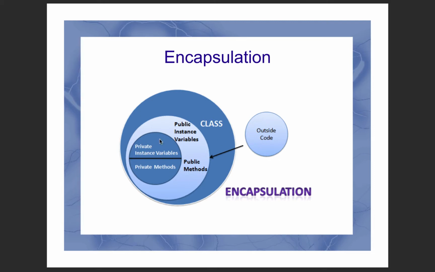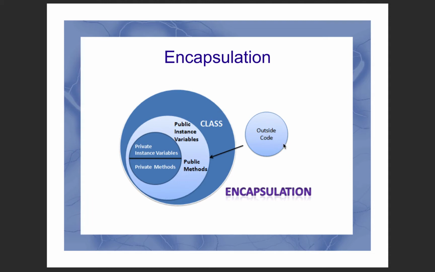So this private information is hidden from the outside world. These are the complexity of this class. Nobody can see this hidden information, but they can manipulate it using public variables and public methods, similar to the turn on and turn off buttons of the television.